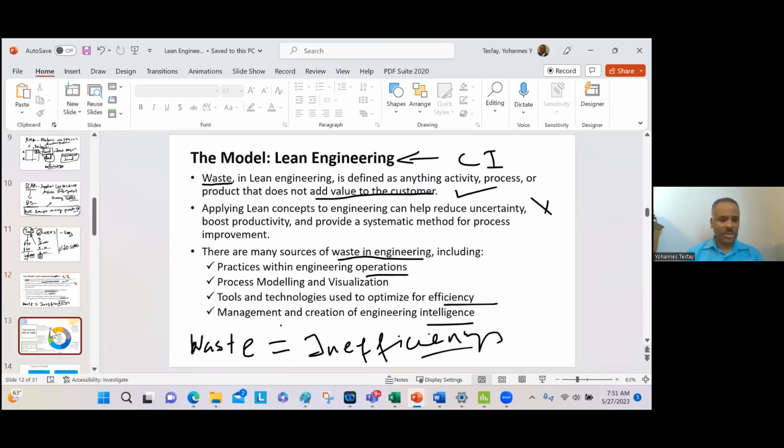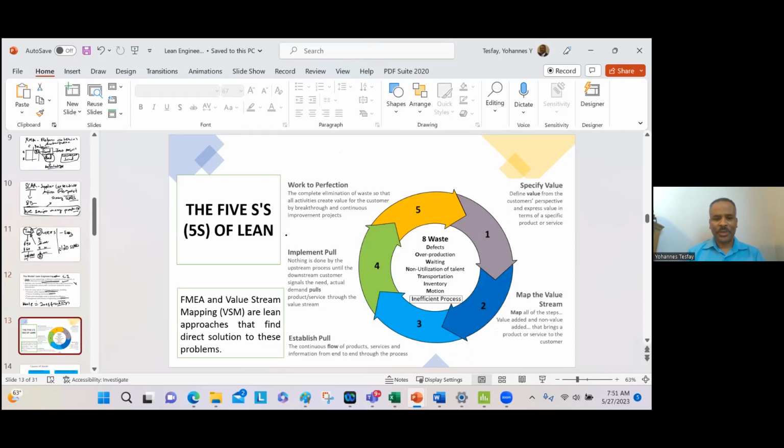Okay, so here we are going to just look at it. What are the 5 S's in lean engineering? Okay, the 5 S's: 1, 2, 3, 4, just 5. So this is the approach to go to the solution.